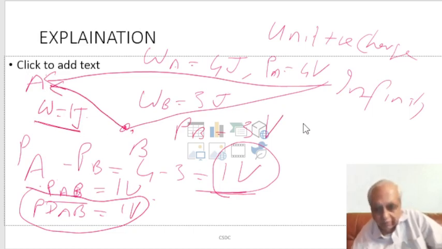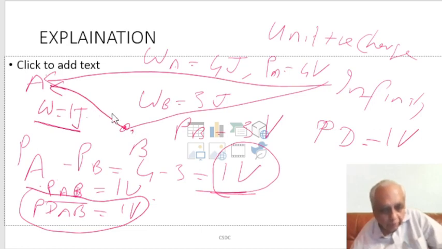So in case the potential difference is equal to 1 volt, and if I want to move a charge of 2 coulomb, then the work done would be 2 joule, because for 1 volt difference, 1 joule is the work done. For 2 coulomb, the work has to be double.